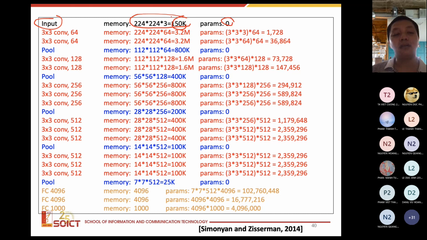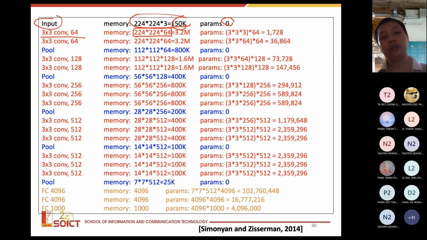And then we have the convolution layer here, and the size of the memory to keep that convolution layer output is 224 by 224 by 64, right?